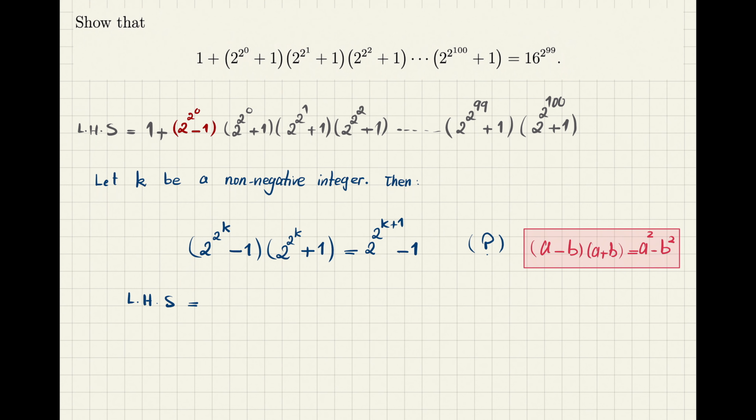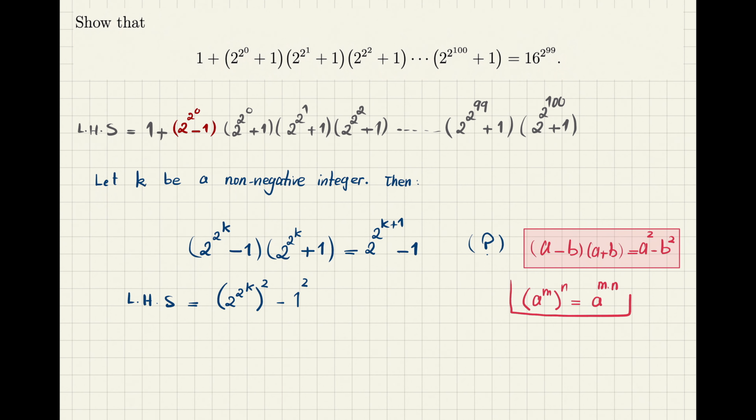This becomes, according to the conjugate identity, I can write the first one, 2 to the power of 2 to the power of k, to the power of 2, minus 1 to the power of 2. But we also know that if I have some number a to the m and I want to exponentiate it to another power n, then I need to multiply the exponents, yes?